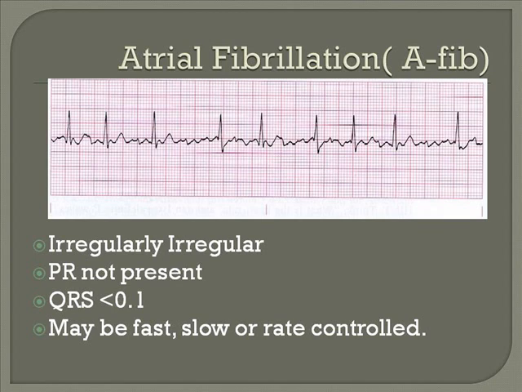And just like with the sinus arrhythmia, we want to define this further as whether it is a fast AFib having a rate over 100, a slow AFib with a rate under 60, or a rate controlled with a rate between 60 and 100. Now, as I said, this is the most common arrhythmia because it is a survivable arrhythmia as long as the person has a controlled heart rate.